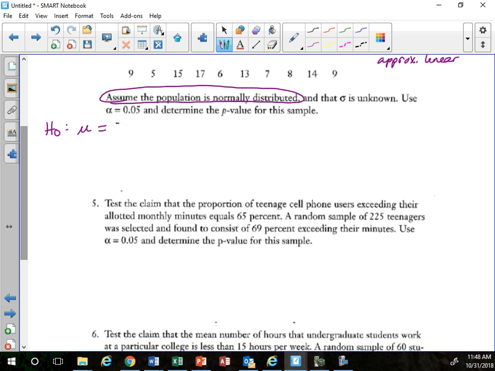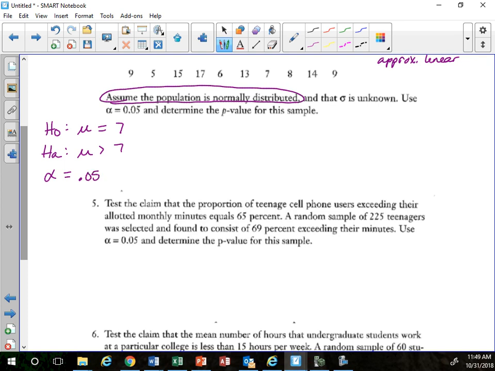Yes, Alex, 7. Okay. What are we testing here? What do we think it might be? More than 7. So mu is greater than 7. Well, this is easy. Okay. What's our alpha level that we're talking about? 0.05, right?